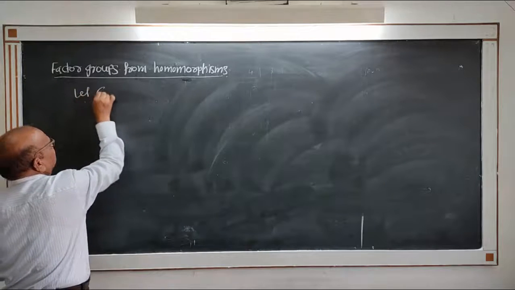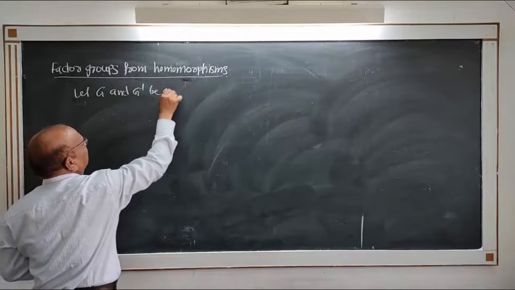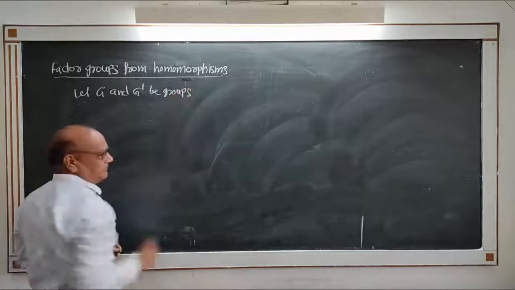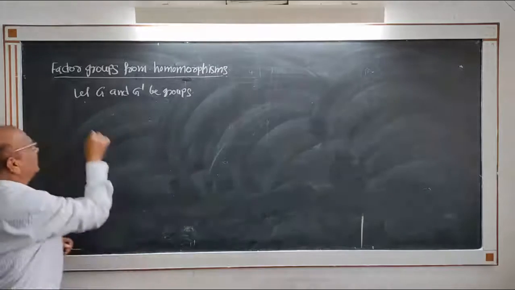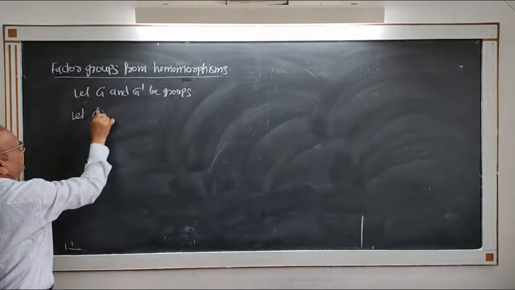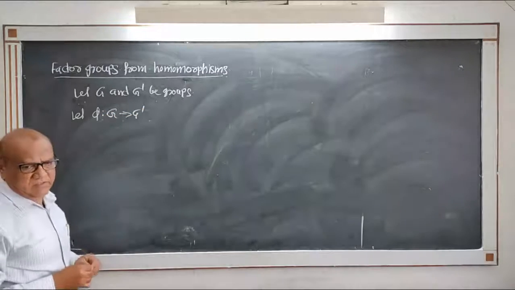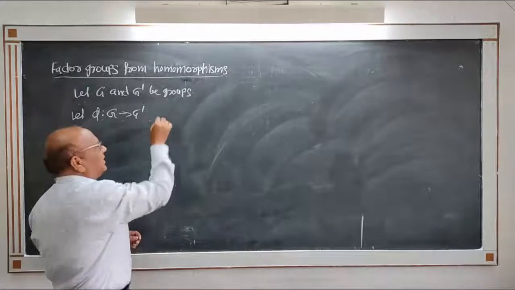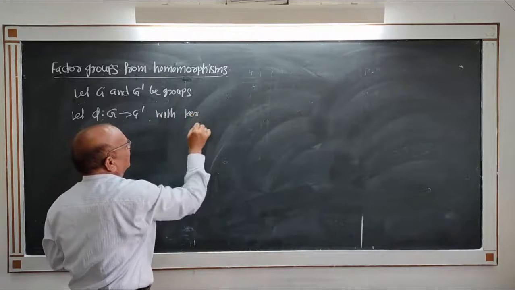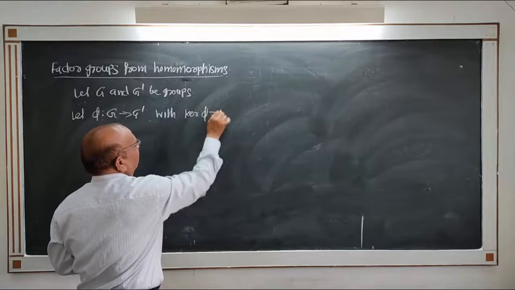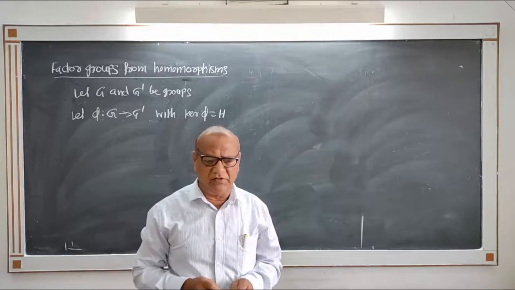Let phi be a mapping from G to G dash with kernel phi equal to H.